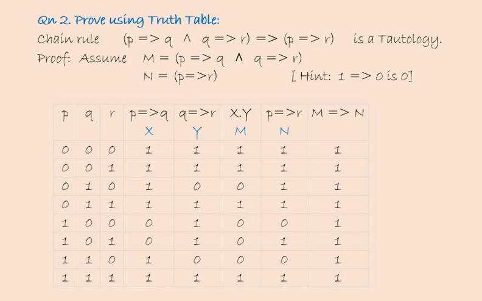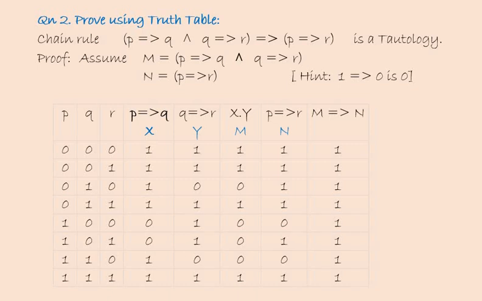Now let us break it up into small pieces and see how the pieces are working. See here, P implies Q. We have renamed it as X. P implies Q will be true whenever P is 0. So whenever P is 0, P implies Q's first 4 values are 1. For 3 variables, there are so many combinations.